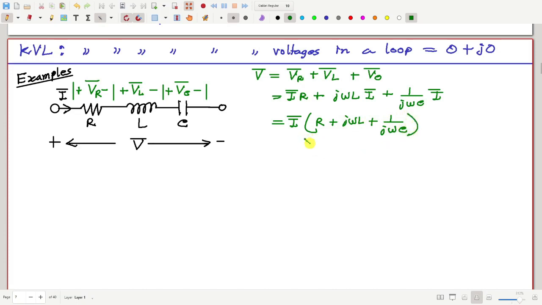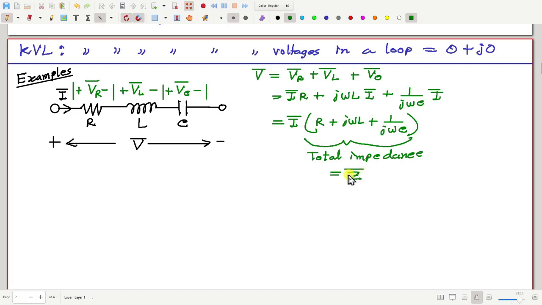We will call this the total impedance of this path or branch. Let me call this Z. Z is again a complex number. Like in DC circuits, resistances in series get added when we compute the equivalent resistance, similarly here, complex impedances get added when they are in series connection.